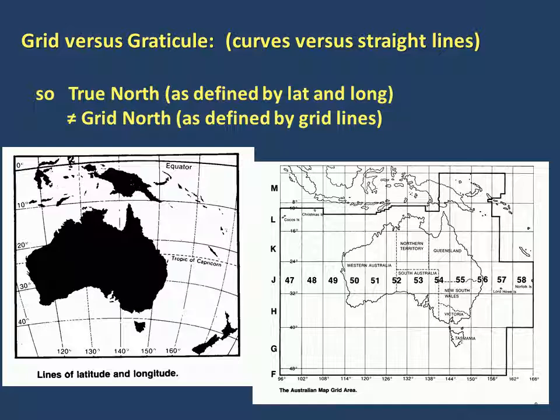the grid lines. Now if you read the notes that are available on Moodle, it explains this in a little bit more detail, but essentially making maps is all about a compromise. You're trying to get a flat surface onto a curved surface. The flat surface is either the bit of paper the map's printed on or also the screen that you're looking at it on.